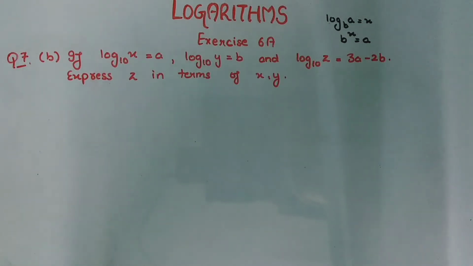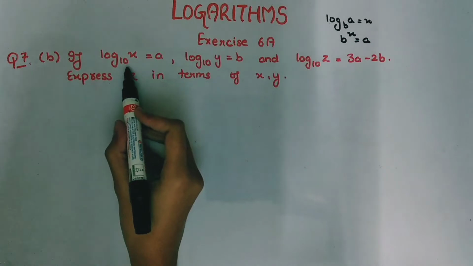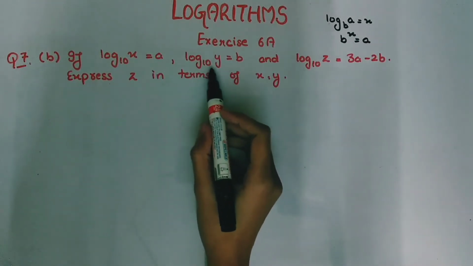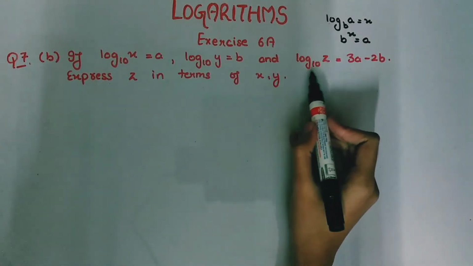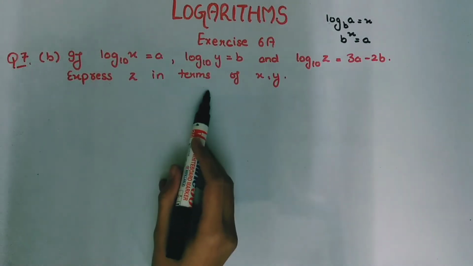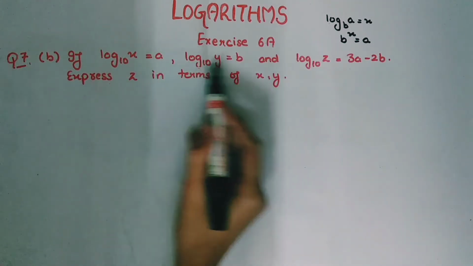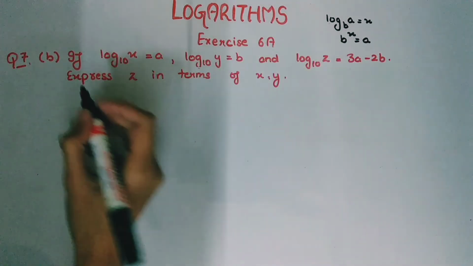We have our second part of the seventh question. If log of x to base 10 is a, log of y to base 10 is b, and log of z to base 10 is 3a minus 2b, we have to express z in terms of x and y. First of all, we will convert all these logarithm equations into the exponential form.